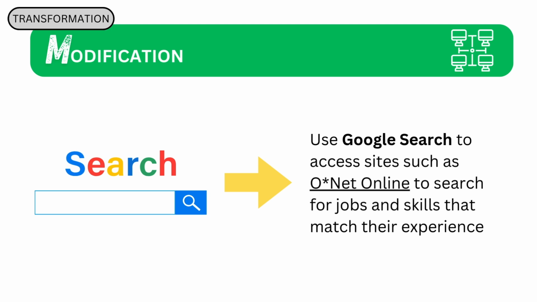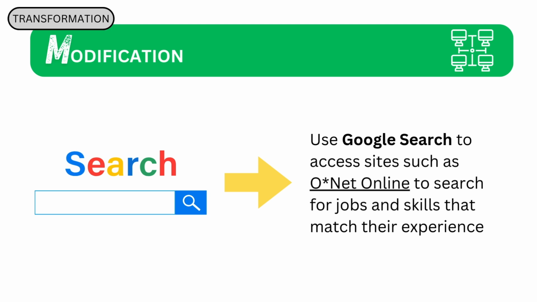This gives them direct access to an interactive database, allowing for a much richer and more tailored exploration of career options. With modification, we're no longer just enhancing the task. We're using technology to change it in ways that encourage creativity and collaboration.